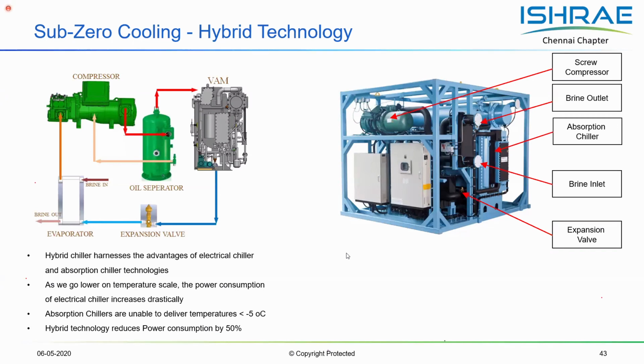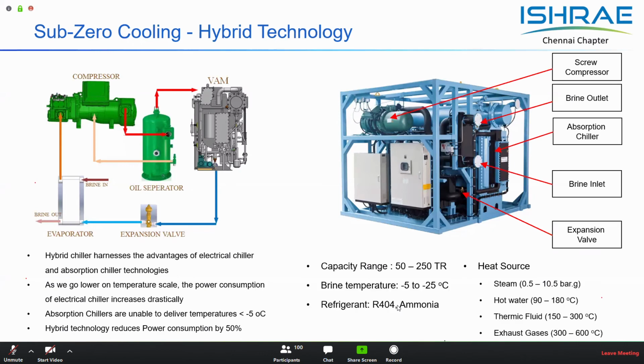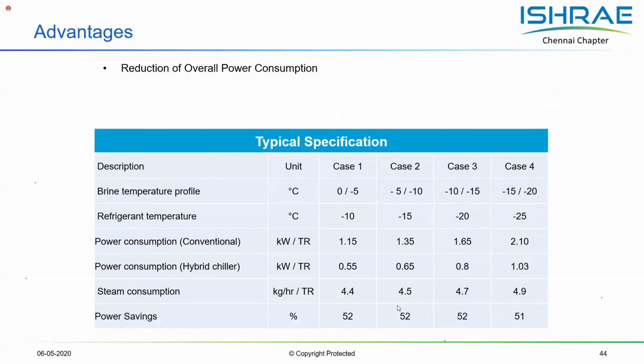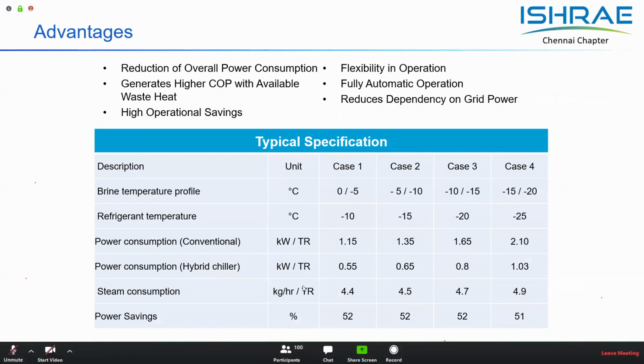So this can effectively reduce the power consumption of the compressor by literally 50%. Okay, so you can see in this illustration that the power savings are approximately 50%, which is very high.